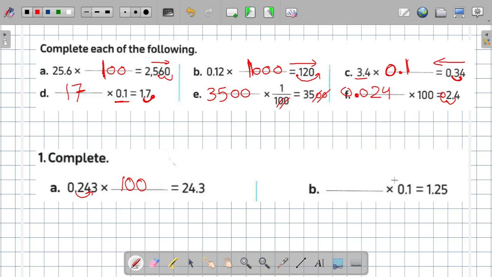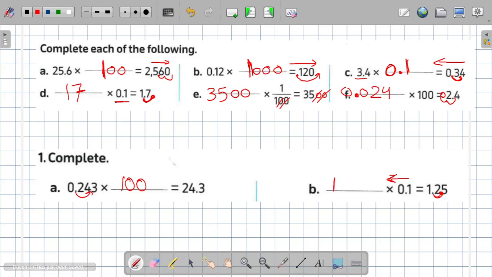1.25. So I think we moved the decimal point to the left. So where was the decimal point in the first number? Okay, so we moved the decimal point one place to the left. So I think the decimal point was here between 2 and 5.